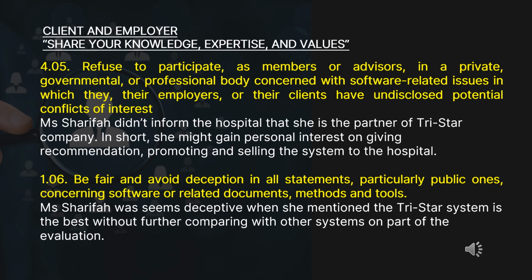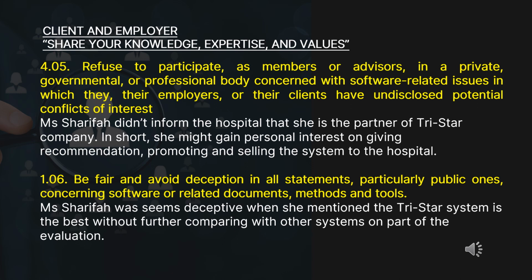Now we continue with the context on client and employer for step number 2, on share your knowledge, expertise and values. For clause 4.05, refuse to participate as members or advisors in a private, governmental or professional body concerned with software related issues in which they, their employers or their clients have undisclosed potential conflicts of interest.